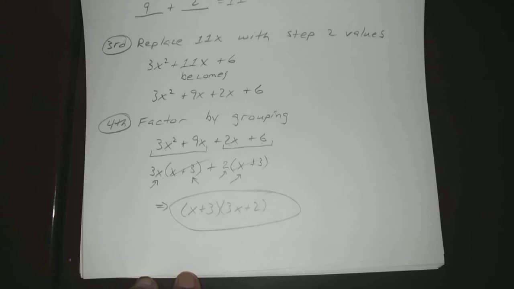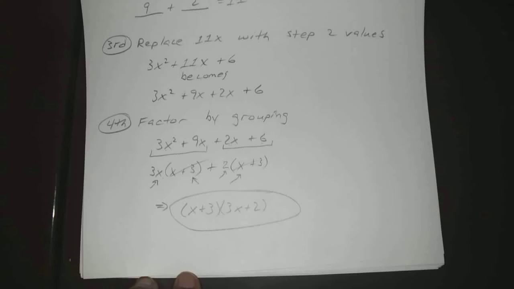Yes. The second equation, 3x plus 2, can that one be first before the x plus 3? Oh yeah. If you did it, because I did 3x squared plus 2x plus 9x, yep, it just switches them around. Okay, any other questions?